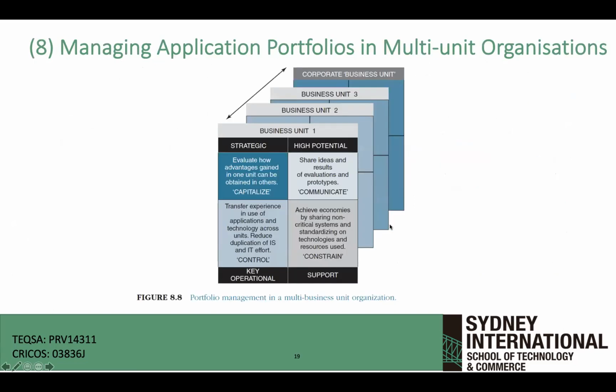Now, when we are managing the applications portfolio in multi-unit organizations, we need to think, how can we benefit from each other? For example, if I find a great idea that is high potential, I need to share that idea. I need to share my results, my evaluations, my prototype.